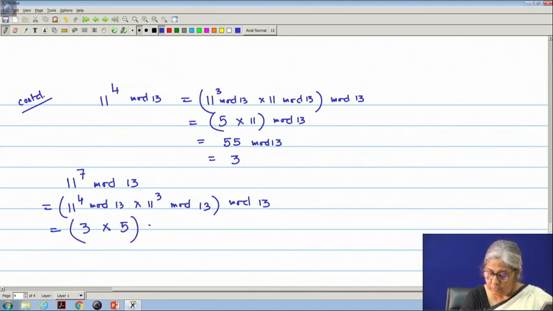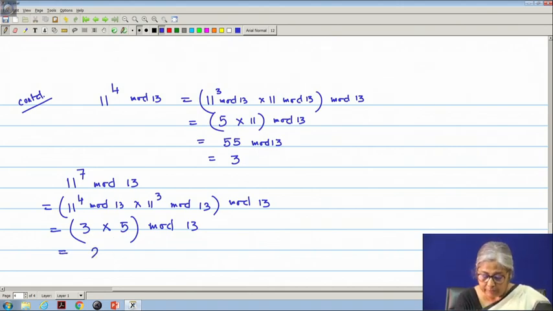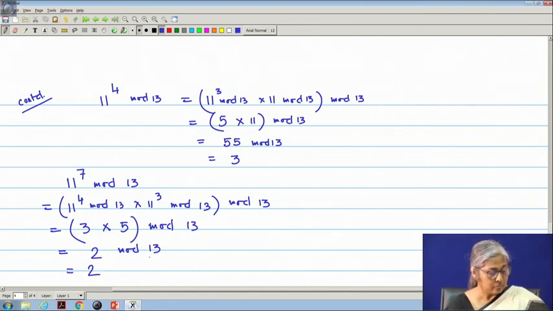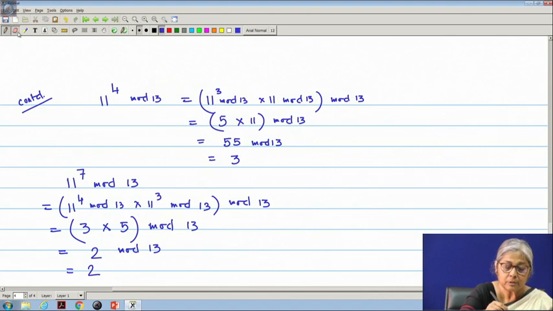So, 3 into 5 modulo 13, and this becomes 2 modulo 13. That means this is equal to 2, we get that when the remainder is 2.